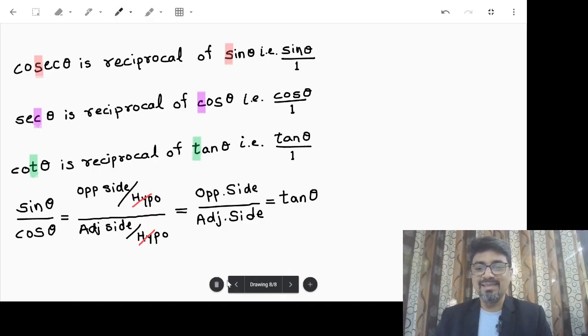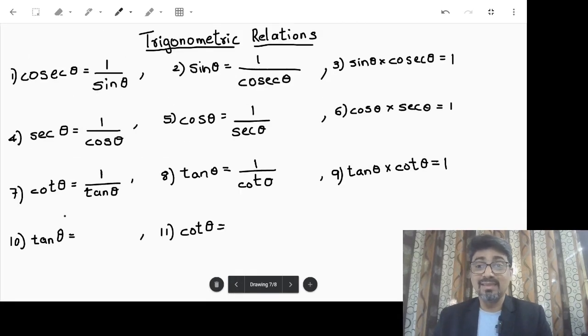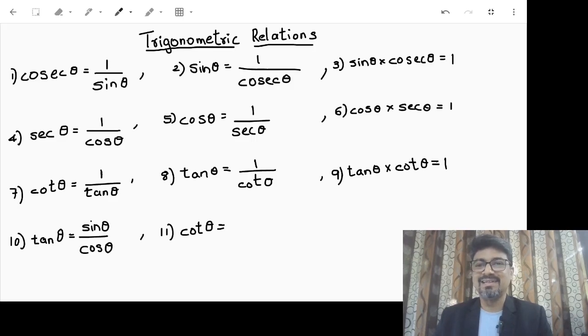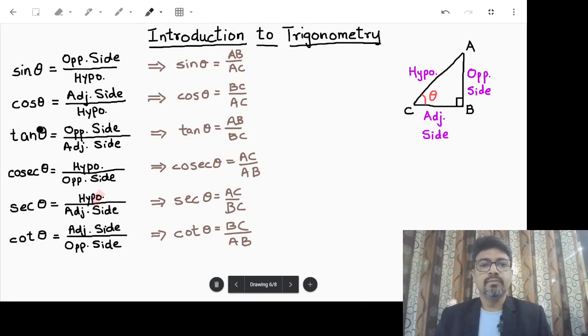We get our next trigonometric relation, that is tan theta is equal to sine theta upon cos theta, right? So tan theta is equal to sine theta upon cos theta. Also, cot theta was 1 upon tan theta, that is the reciprocal of tan theta. In other words, when tan was opposite upon adjacent, cot was adjacent upon opposite.